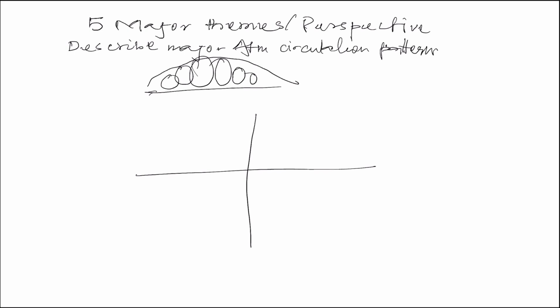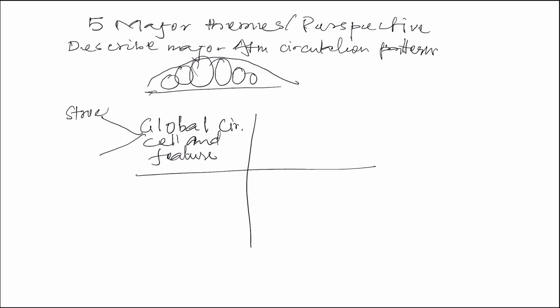First, we look at the global aspects of this circulation: the global circulation cells and their characteristics and features, in terms of their structure, their driving forces, and with that their implications.